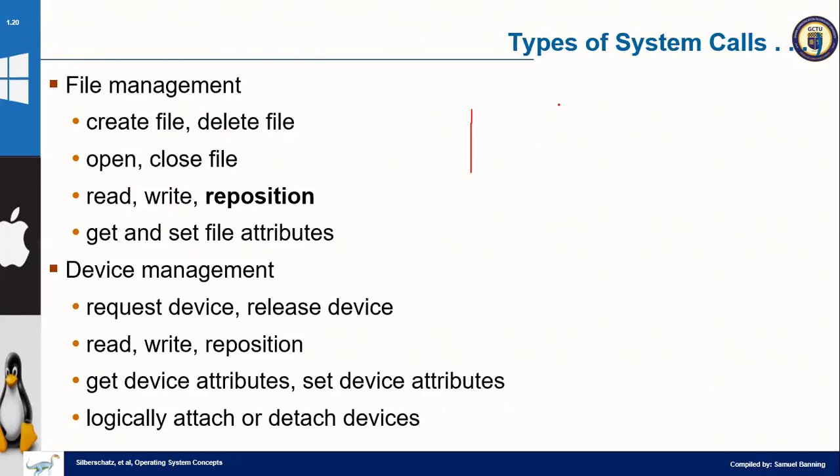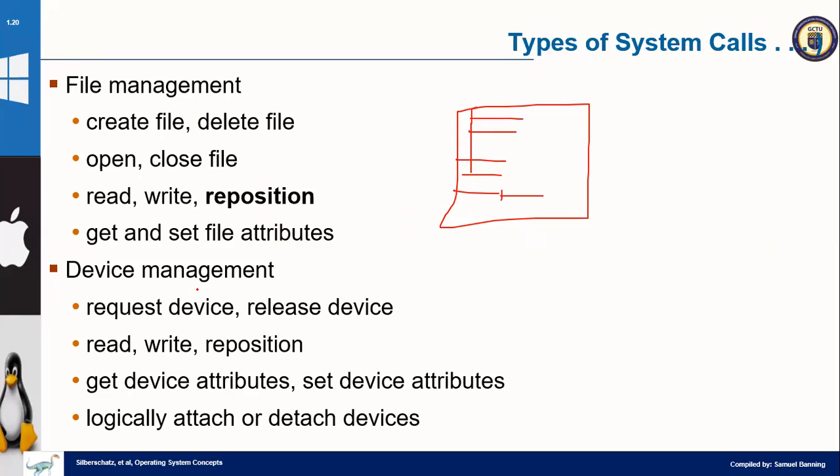When you are reading a file, assuming you have read lines 1, 2, 3, 4, 5 and you are in line 5, the reposition can help you move the cursor forward or backwards. We have the system call to do that. We also use system calls to get the attribute of a file and also set the attribute of a file.